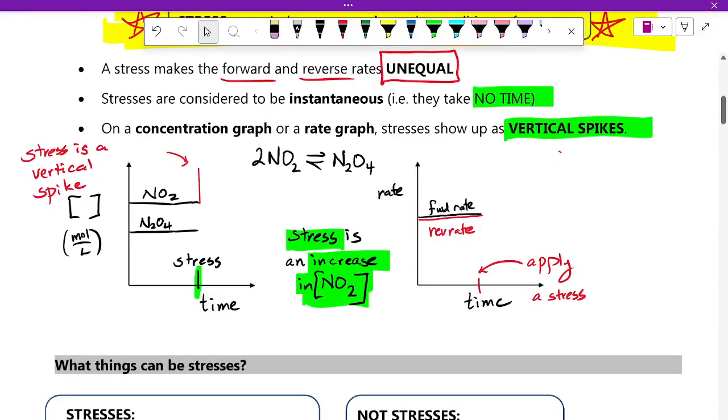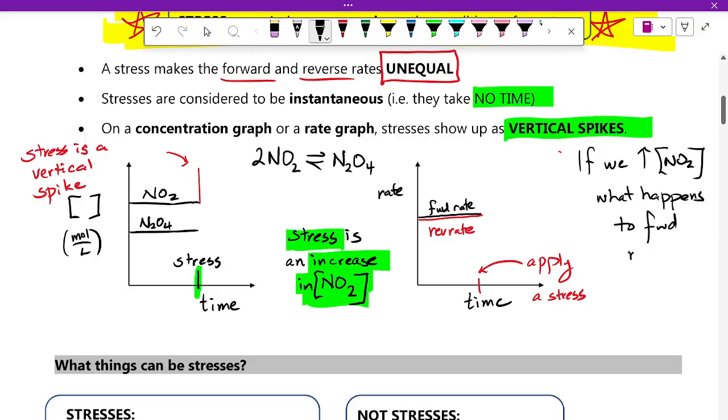If we increase the concentration of NO2, what have we done to the forward rate? Chat with your neighbor about that. Does it increase, decrease, or stay the same?